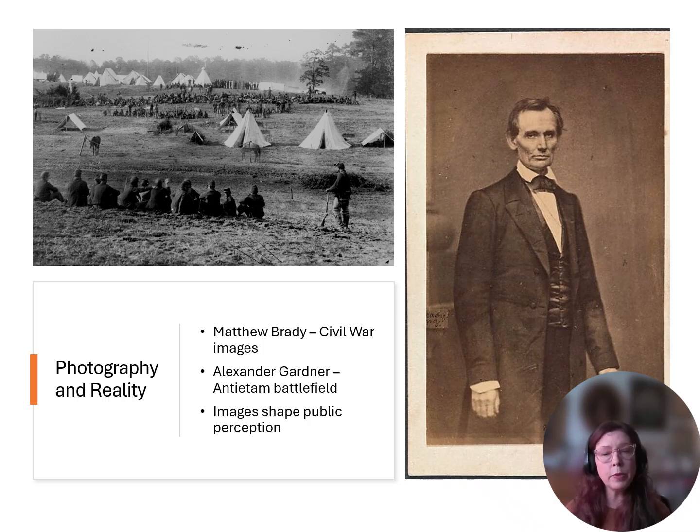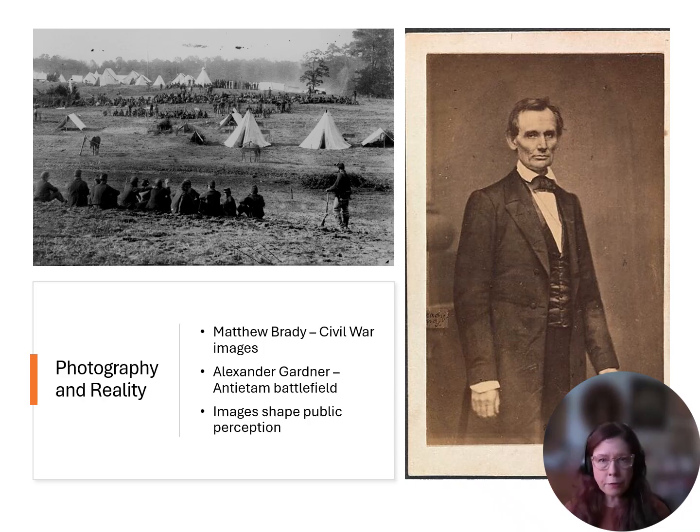On the right, we have a very formal portrait of Abraham Lincoln. And what is interesting about images like this is that they feel very composed, controlled, and almost timeless. And this is how people wanted to be seen. They wanted to be seen as stable and dignified and intentional.